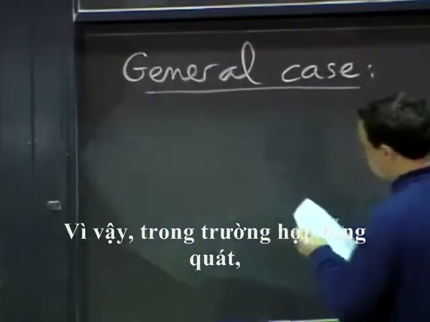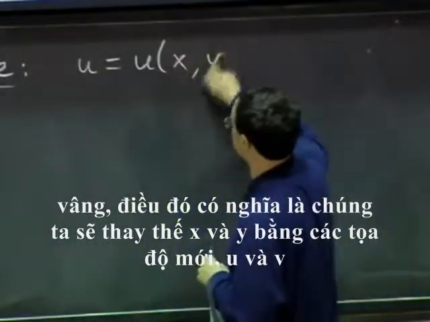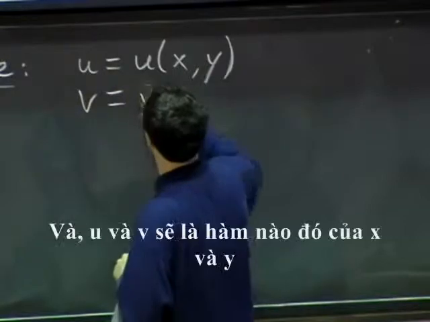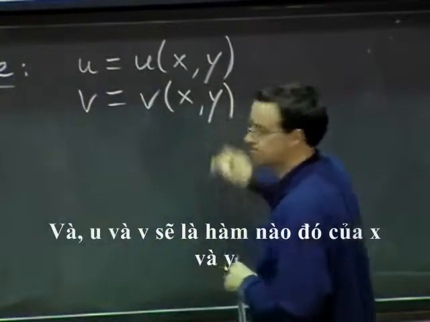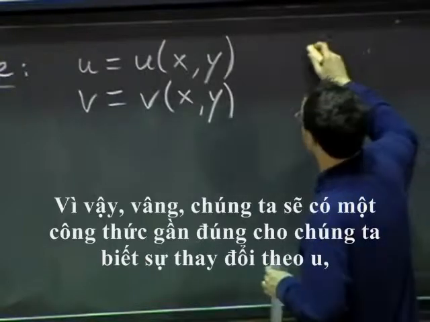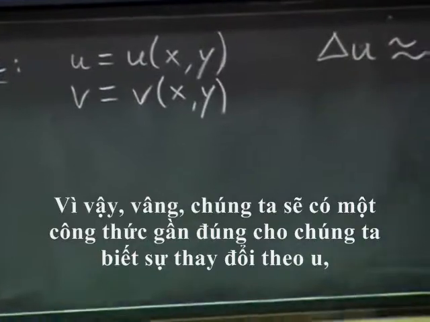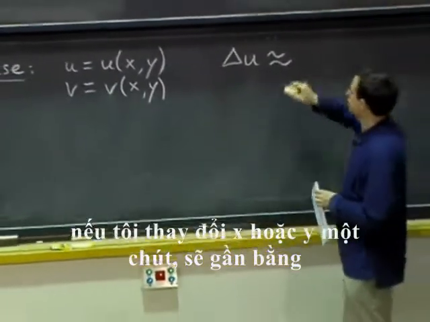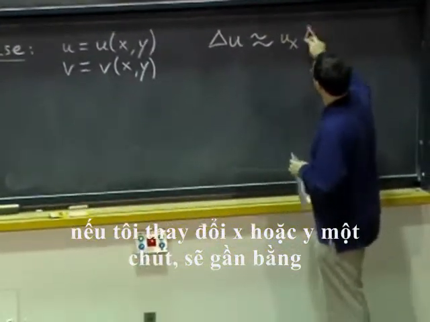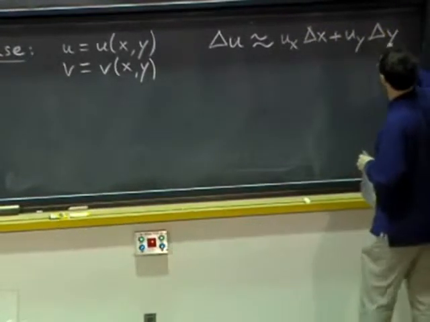So in the general case, we'll replace x and y by new coordinates, u and v. And u and v will be some functions of x and y. So we'll have an approximation formula which tells us that the change in u, if I change x or y a little bit, will be roughly u sub x times change in x plus u sub y times change in y.